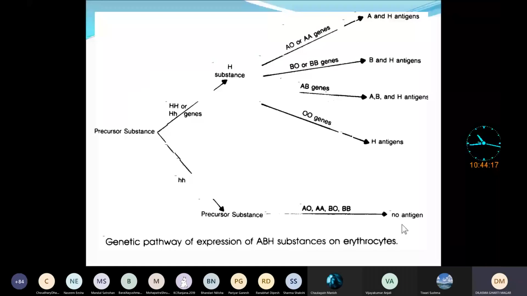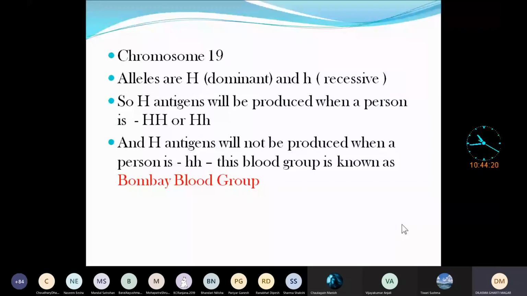So now this H substance, or the H antigen, is situated on chromosome 19, and there are alleles. One is the dominant, the capital H, and the other is the small h, the recessive one, which I already told you. So the capital H antigen will be produced when a person is homozygous capital HH or heterozygous.